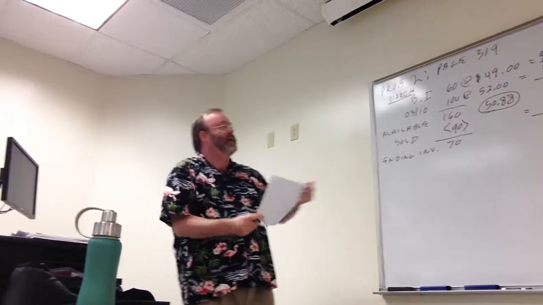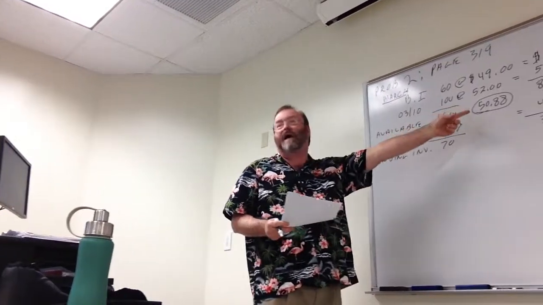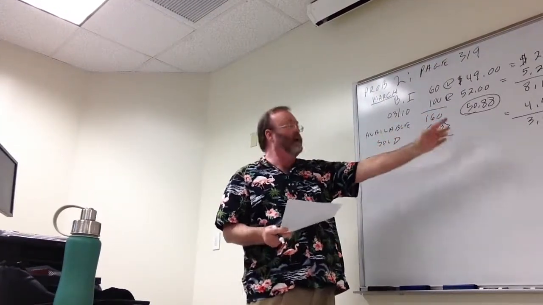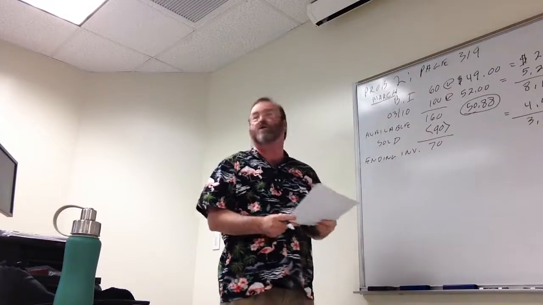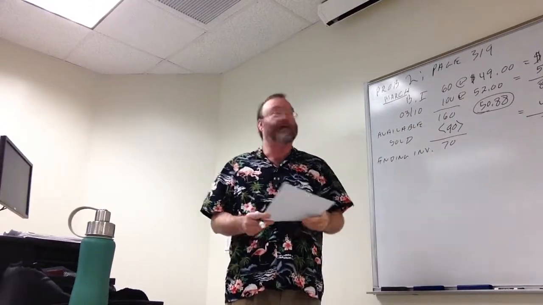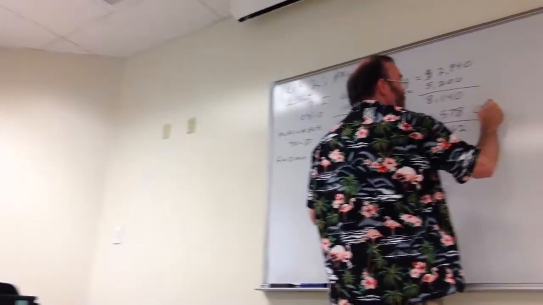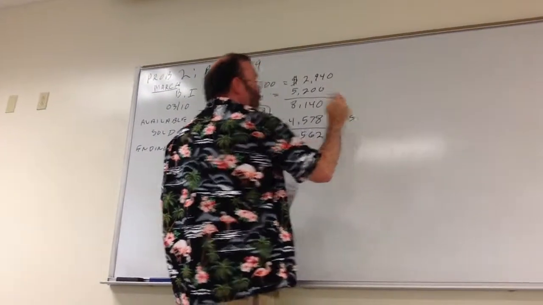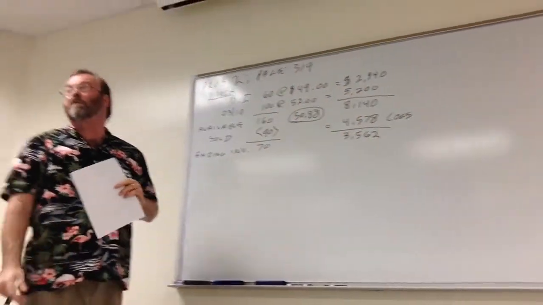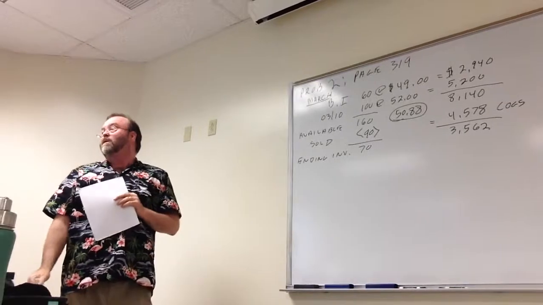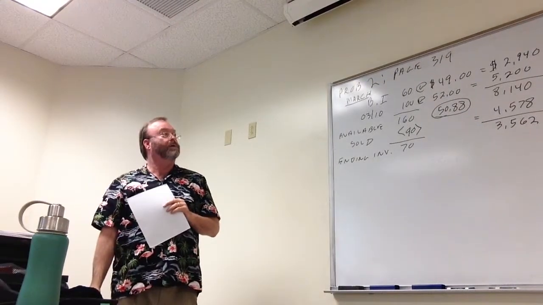And you could have easily taken the 70 and multiplied it by the $50.88 and then subtracted that to get cost of goods sold. All right, so this is cost of goods sold for March. Yes, sir. $50.88, is that like the average?